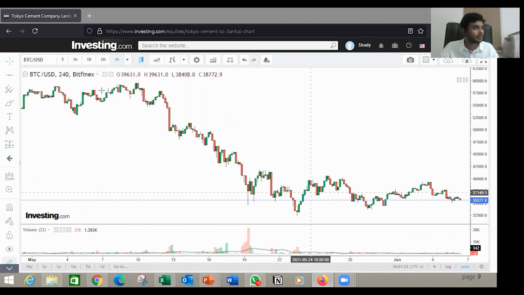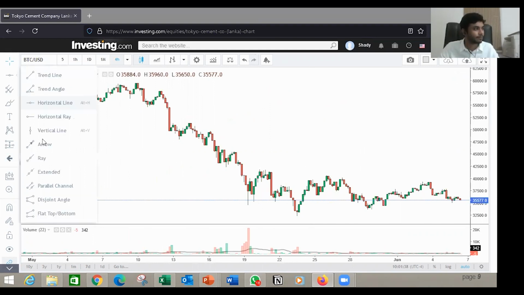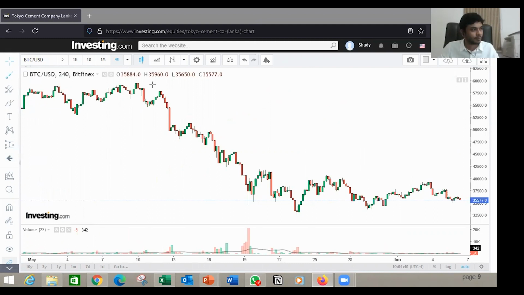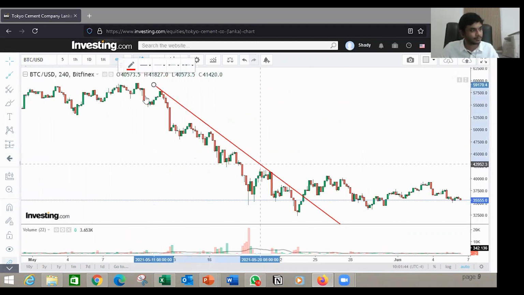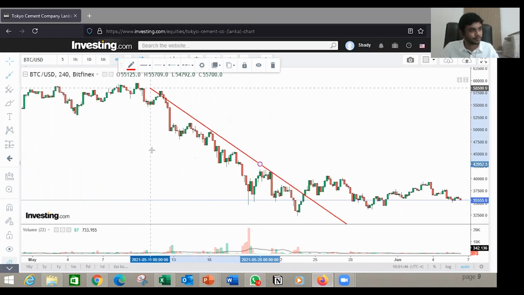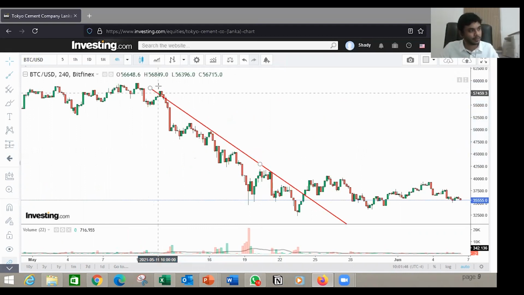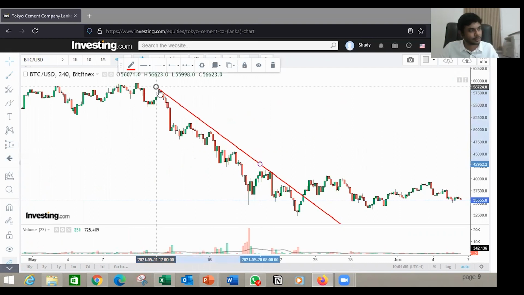So if we mark this level and connect this as a trend resistance region. Okay, so based on these confirmations, we have this trend resistance, identifying these 2 points and these 2 points.